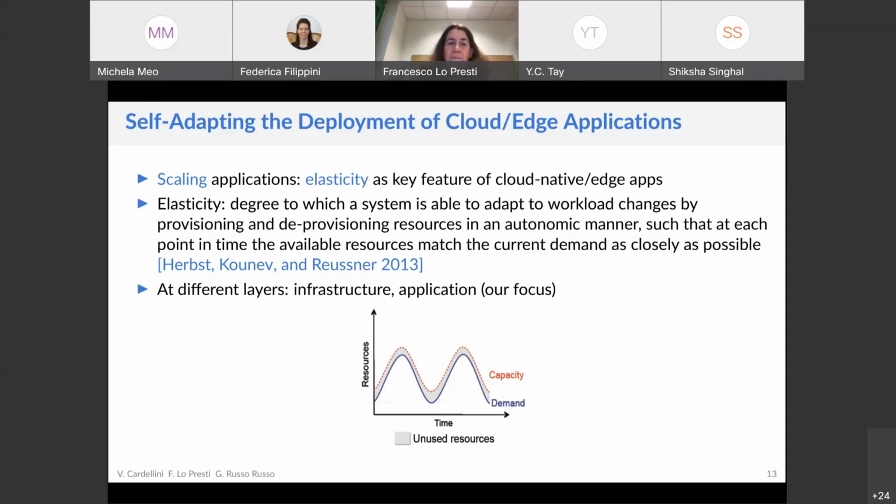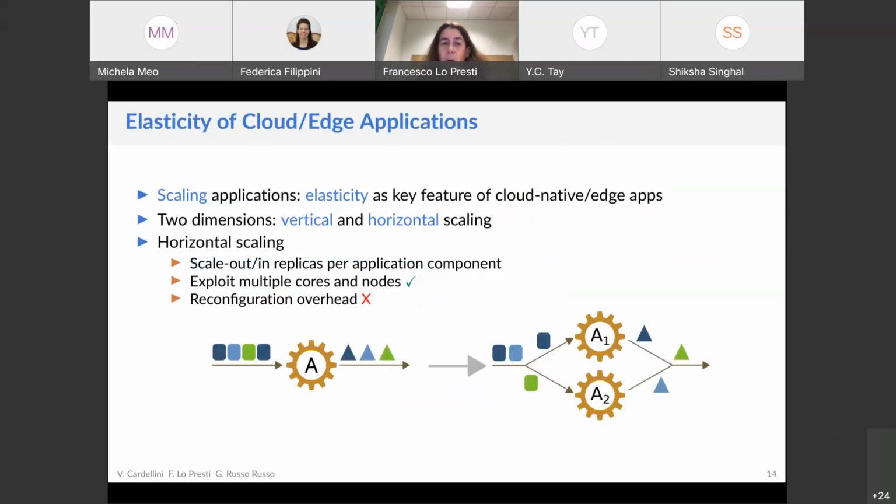We can employ elasticity at different levels, in particular at the infrastructure or at the application layer, and we will focus on elasticity at the application layer. When we scale an application, we can decide to scale the application and its components considering two dimensions. In particular, we can consider vertical and horizontal scaling.